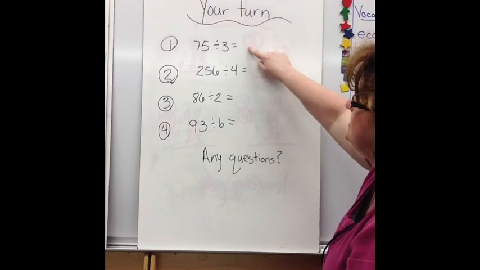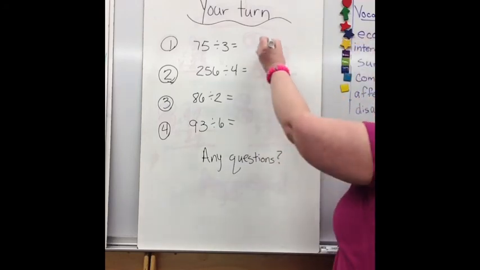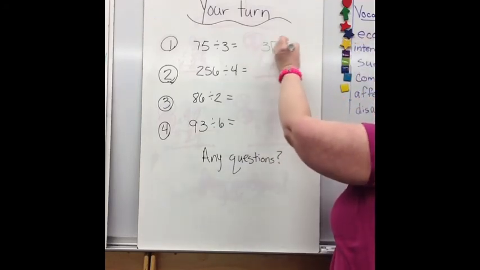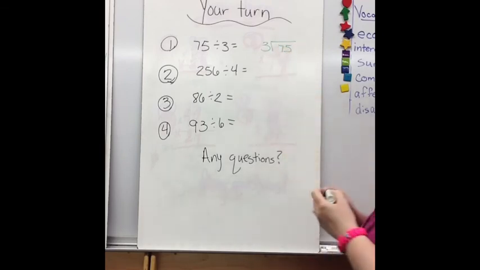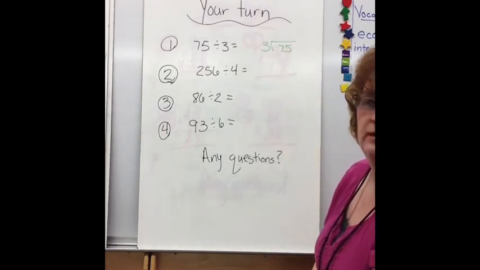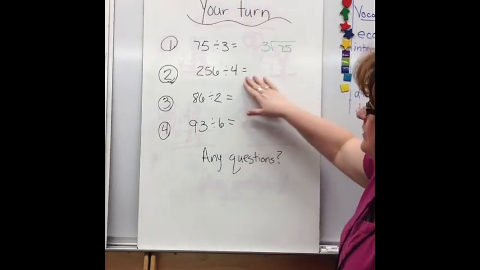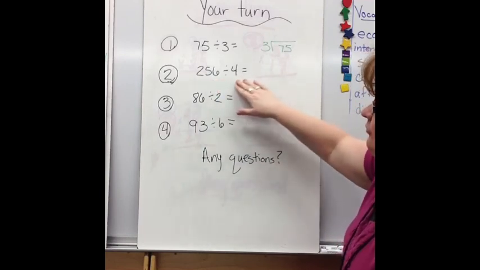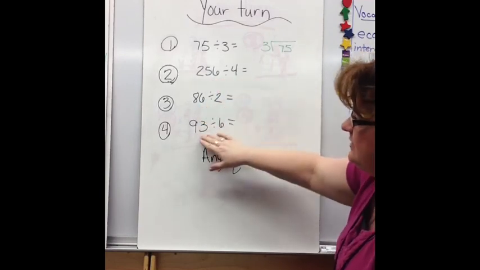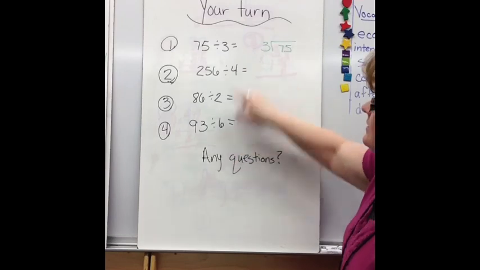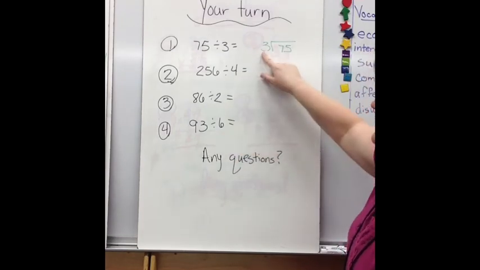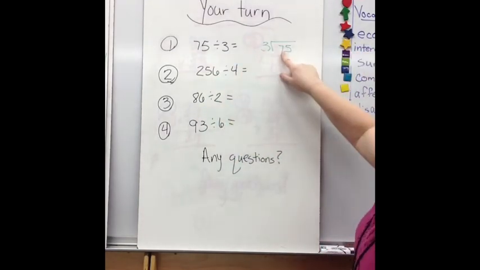So, you can see 75 divided by 3 is going to be written with a 3 on the outside and the 75 underneath our little bar. Okay? Same with the 256 divided by 4, 86 divided by 2, 93 divided by 6. The second number goes on the outside, the first number goes under the bar.